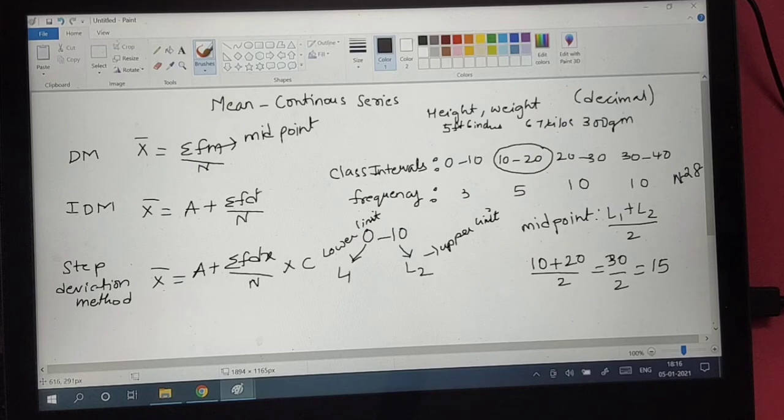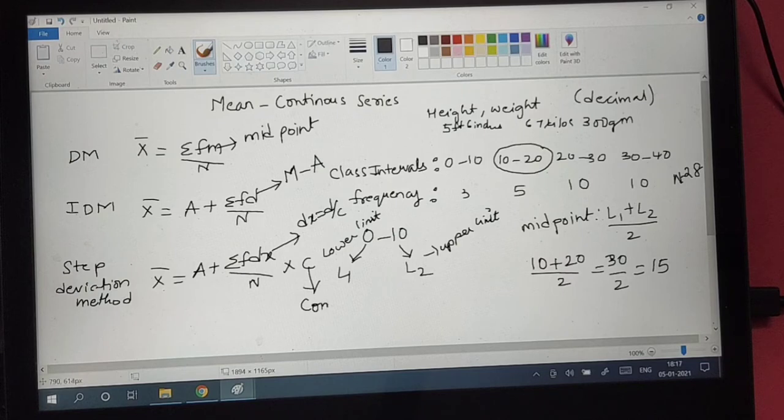When it was discrete series and individual series, you have been writing x minus a, and when it comes to continuous series, x gets replaced with m. So you calculate d values using midpoints minus assumed mean. Okay, so dx has a short formula which is dx equals d by c. So what is c here?